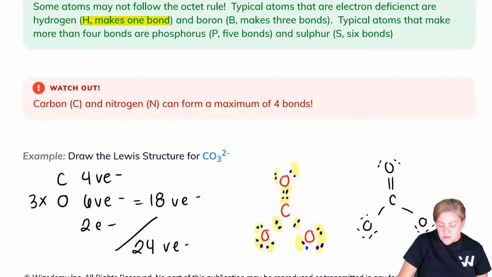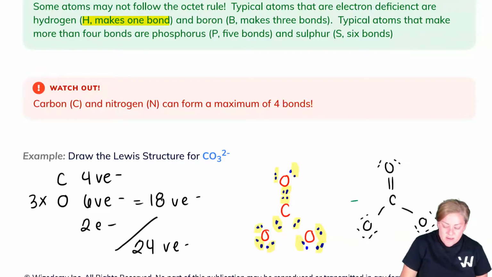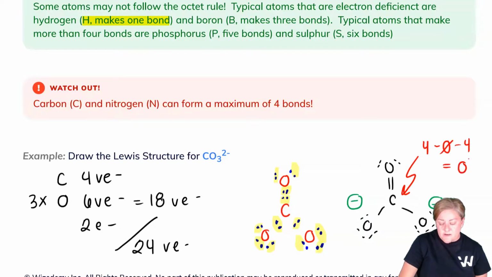And we want to make sure to assign those formal charges. Now we know that the oxygen up top has 2 lone pairs and 2 bonds. That is neutral. Each oxygen atom here carries a -1 charge, and let's check out this carbon. It has 4 valence electrons from the periodic table, no lone pairs, and 4 bonds, for an overall charge of 0.